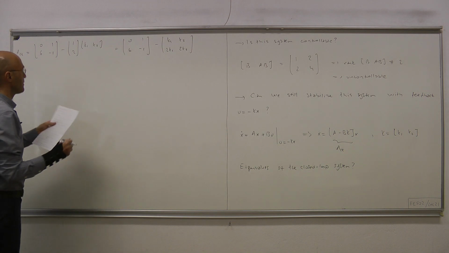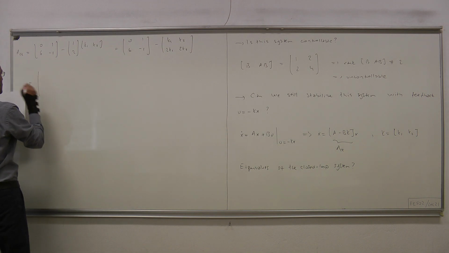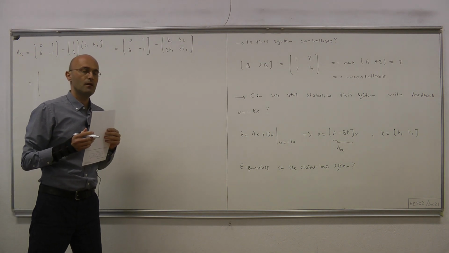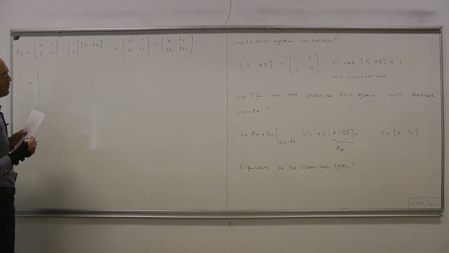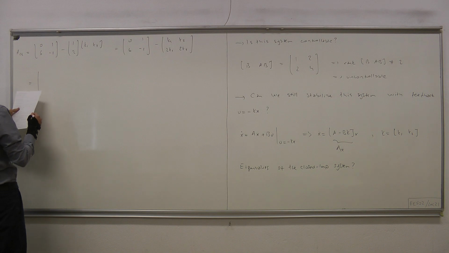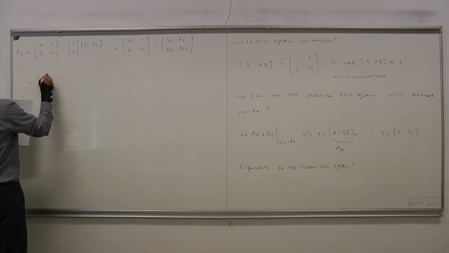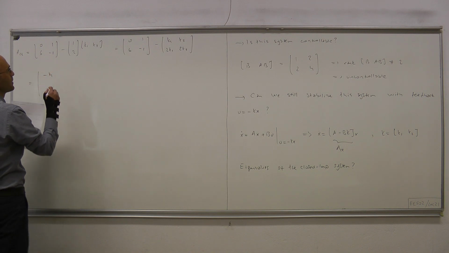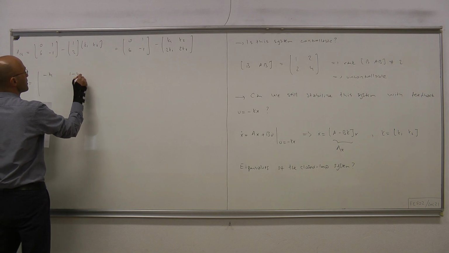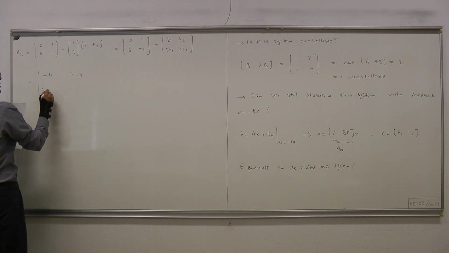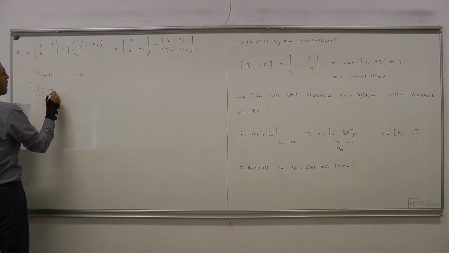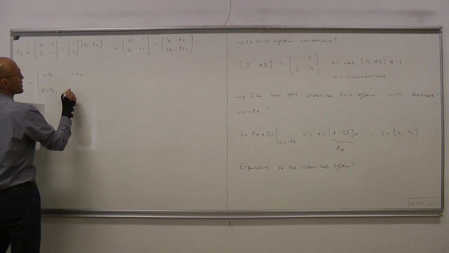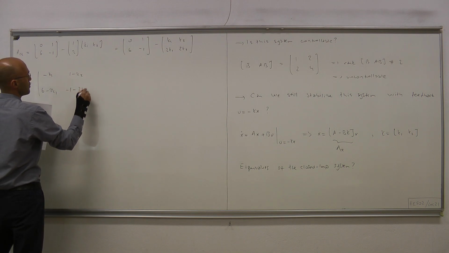Okay, and that produces the following closed loop system matrix in terms of the feedback law, K1 and K2. Minus K1, 1 minus K2, 6 minus 2K2, 1 and minus 1 minus 2K2.